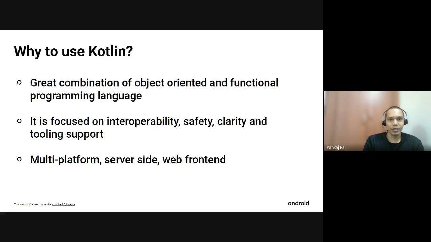So either you write in Kotlin or you write in Java, both are going to give you the same object code. You can use either Kotlin or Java. It really doesn't matter, because the end result, the object code which the machine is going to understand by further compilation, is going to be the same for both of them.